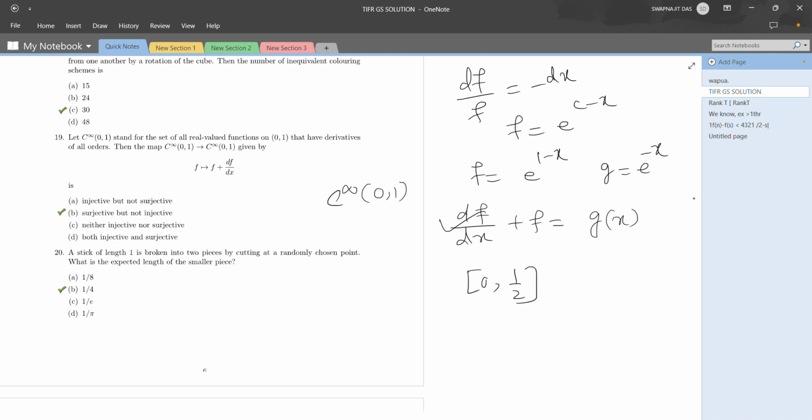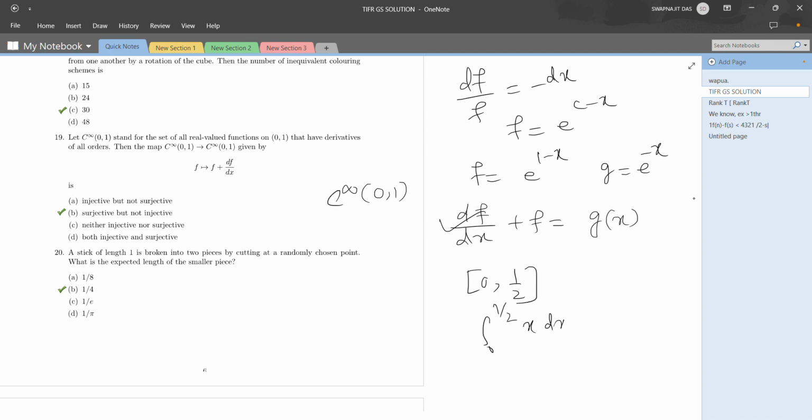Because this is continuous, it can take any value between 0 and half, so you need to find the average.